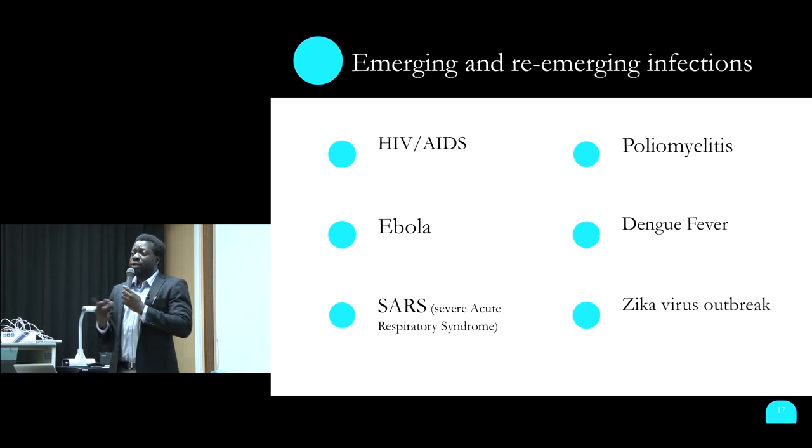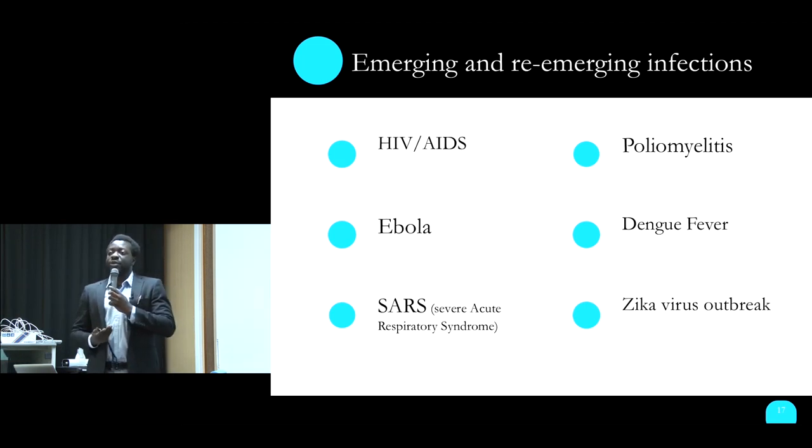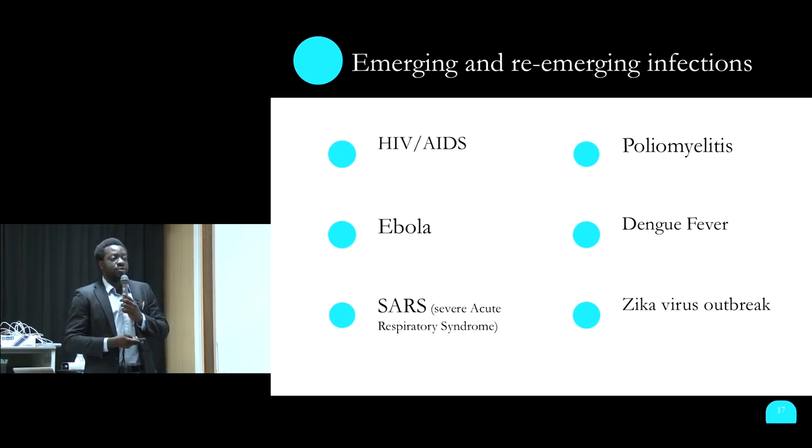But the world has witnessed many other emerging and re-emerging infections that you are well aware of. We have HIV, Ebola, which happened in West Africa recently, SARS, which means severe acute respiratory syndrome, in 2003, poliomyelitis, which continues to prevail in some parts of the world, and dengue fever.